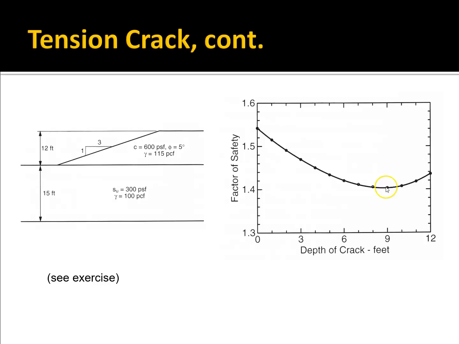So what you'd want to use then is a depth of about 9 feet. That gives you the minimum or most conservative factor of safety. Okay. So that's a pretty simple approach.